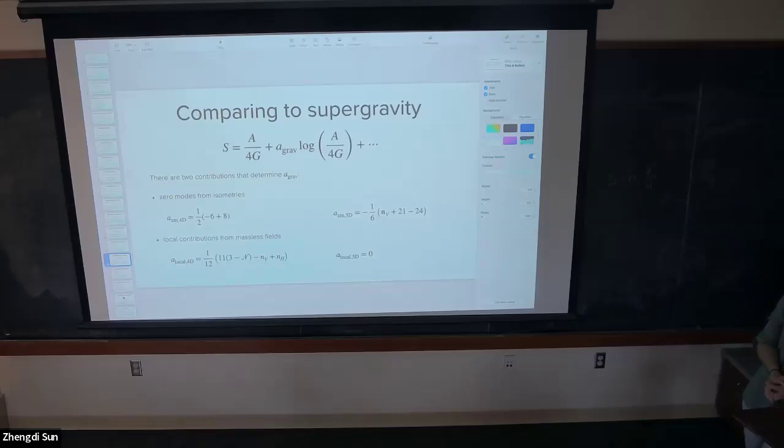I guess my question simply was in the large A limit. Yeah, they go away. It might be an order one thing, but the area is large. You say exponentially small, I was thinking e to the minus A, not order one. Well, compared to A over 4G, I would say that that's exponentially suppressed.